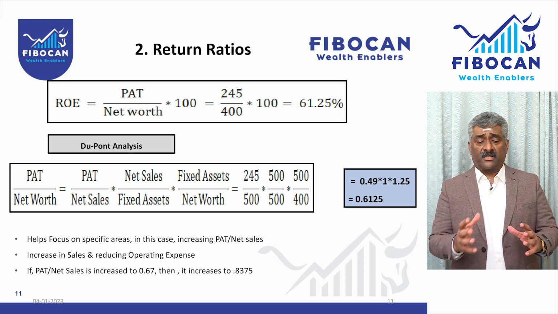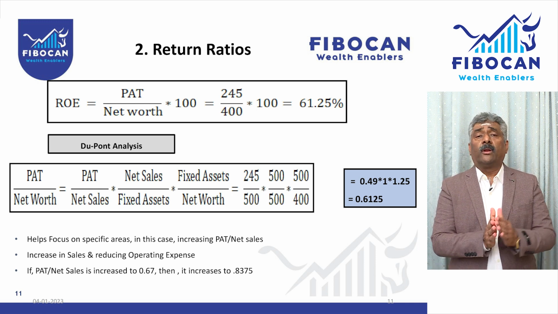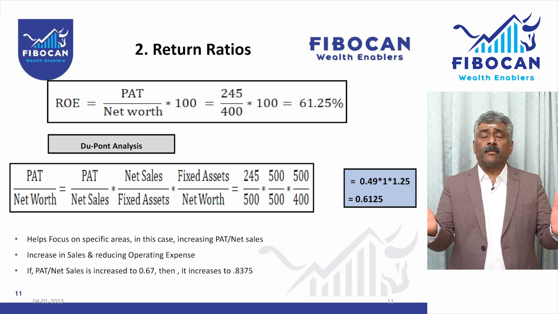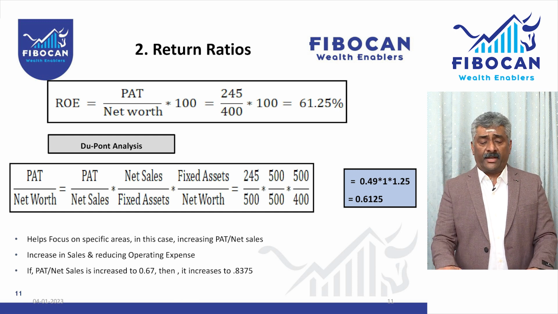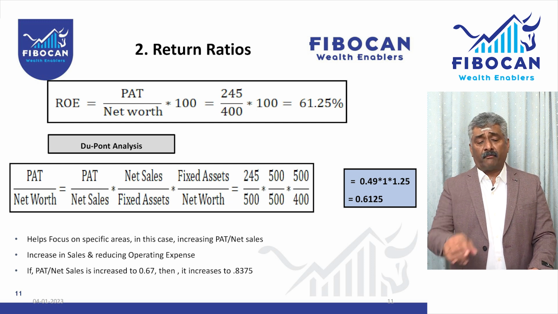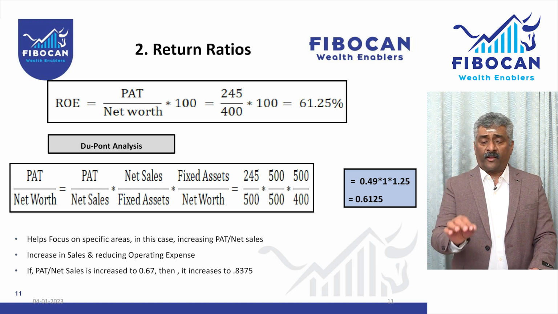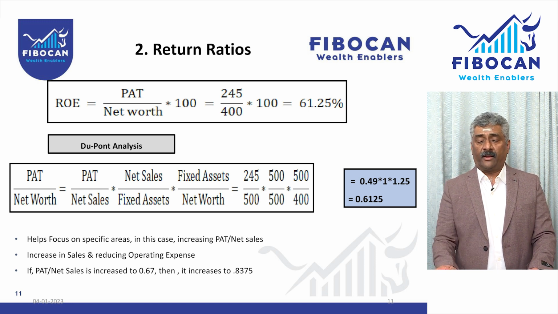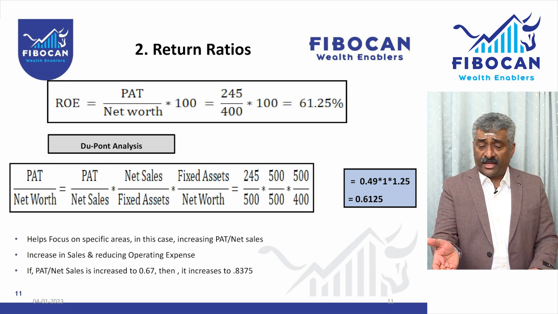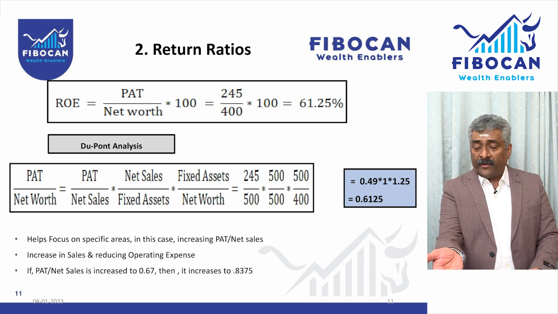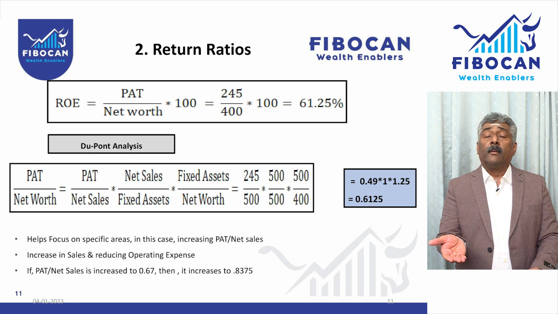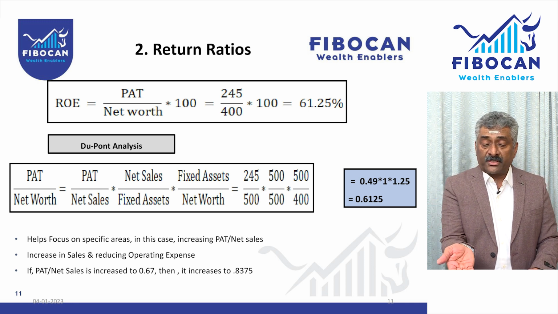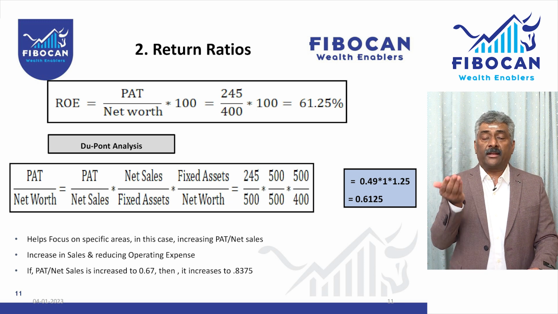DuPont analysis breaks this down further. It is just a mathematical breakdown: PAT by net worth equals PAT by net sales into net sales by fixed assets into fixed assets by net worth. If you put in 245 by 500 into 500 by 500 into 500 by 400, it equals 0.49 into 1 into 1.25. So by doing this breakdown, if we increase this 0.49 to, let us say, 0.60 or 0.70, then obviously our PAT is going to increase.